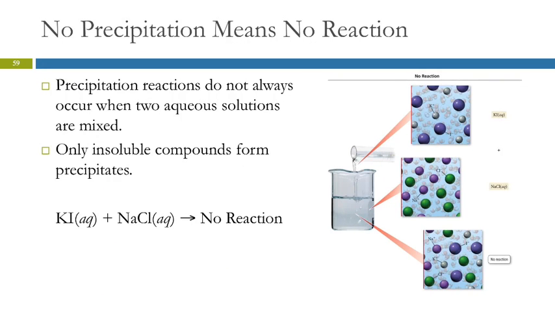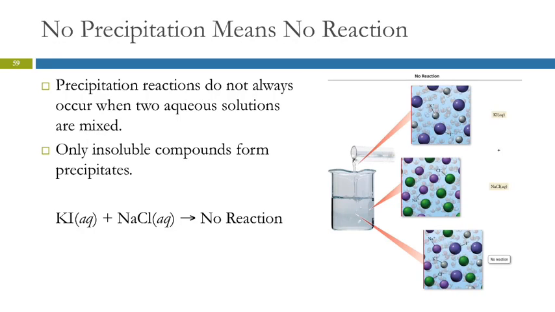Sometimes you can mix two aqueous solutions and nothing happens. There's no chemistry. If we mix potassium and iodide with sodium and chloride, these are two soluble compounds, we mix those two together, nothing happens. There's no chemical reaction. There is a physical change that has occurred because we have mixed them. They weren't mixed before, now they're mixed.